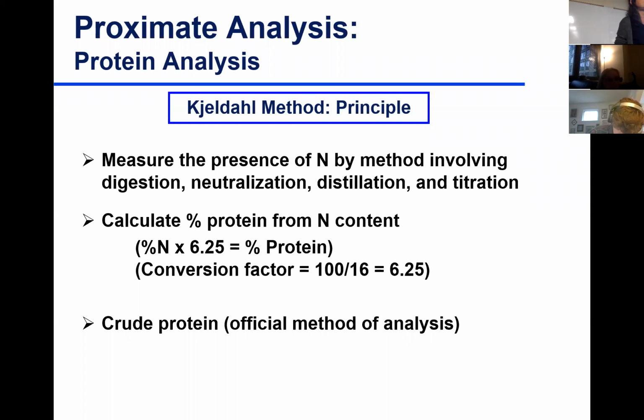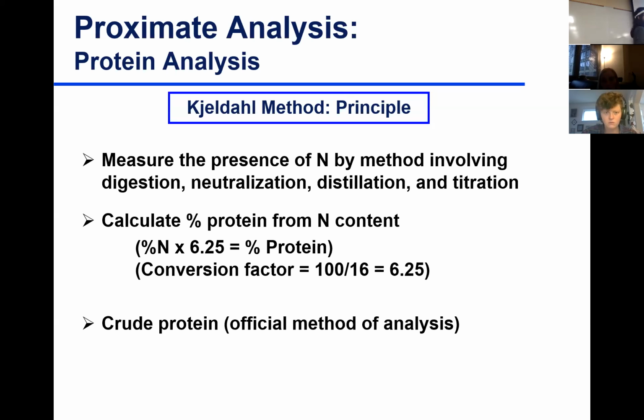For milk, for example, it's 6.38. It has a lower nitrogen percentage. It's less basic protein than a protein coming from wheat. Wheat has a conversion factor of 5.7. It has more basic amino acids.